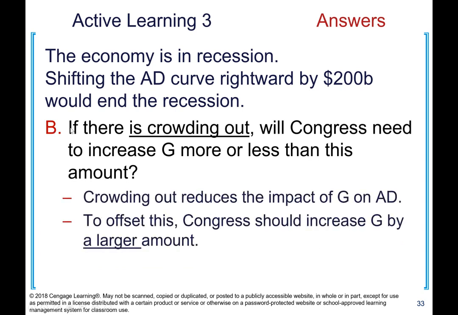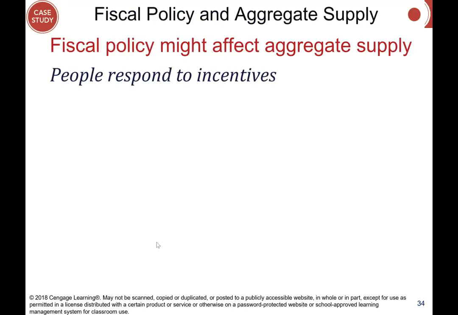Number B, if there is crowding out, will Congress need to increase government spending more or less than this amount? Crowding out reduces the impact of government spending on aggregate demand. To offset this, Congress should increase government spending by a larger amount to compensate for that reduction.